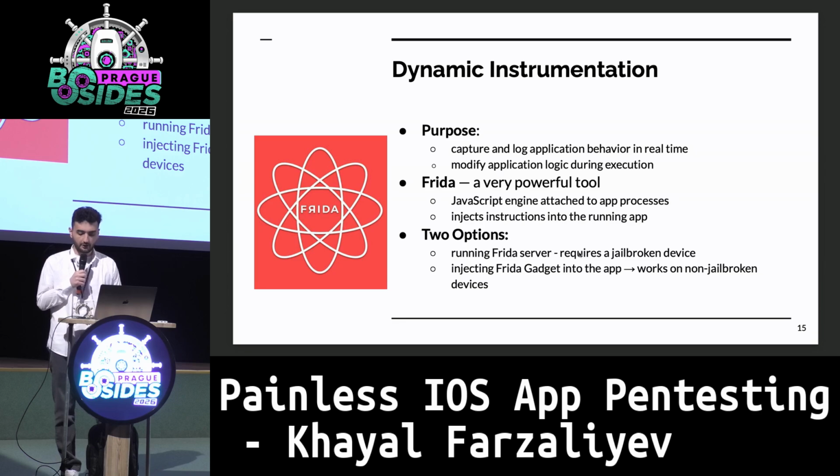Frida gadget is a shared library that we embed inside the IPA. When the app launches, the gadget loads along with it, and it exposes an interface that we can connect to from outside. Because the gadget lives inside the app's own process and is signed together with the app, no jailbreak is needed. And this is the key trick we have.